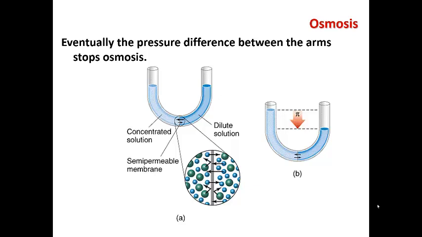As the water bounces off of it, it moves through, but there's much more moving to the left than there is to the right, because there are simply more water molecules on the right. So what actually ends up happening is that you end up with more stuff on the left side. Your water travels through the membrane and forces the level higher on the left side and lower on the right side, and that difference is what we consider the osmotic pressure.